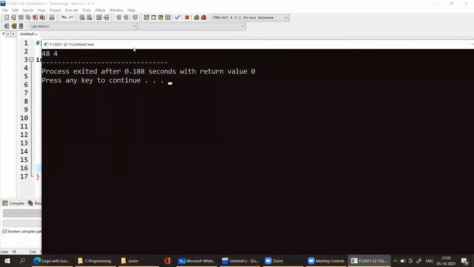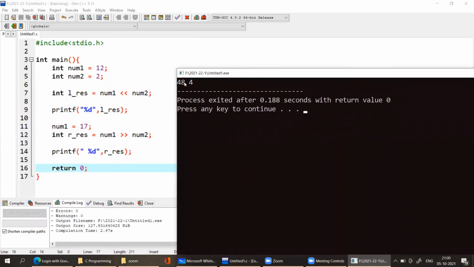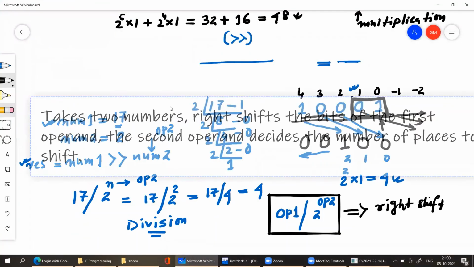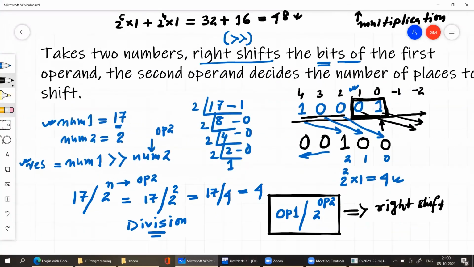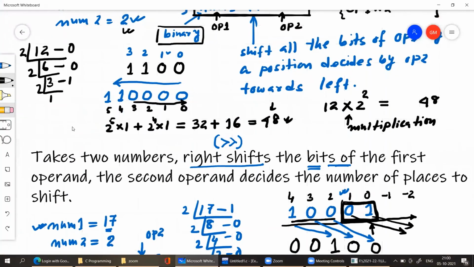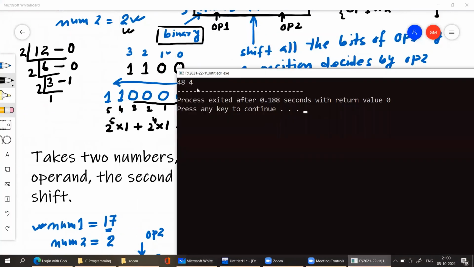Here we get the result. The first result is for the left shift, with 12 by 2. We have already calculated the left shift result. Let us check. Yes, you can see the left shift result over here, 48, and we also get the same result here, 48.